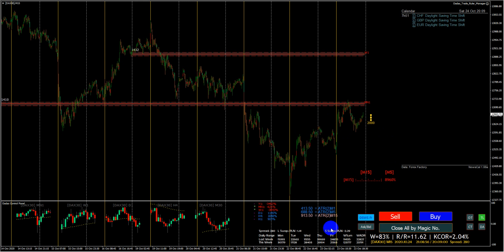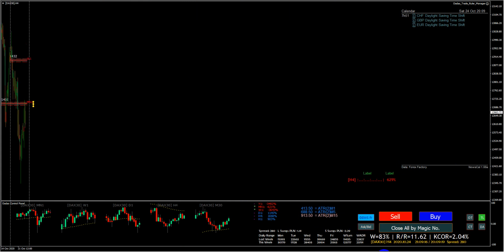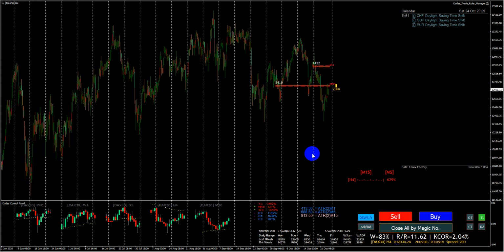Now, the next thing that we might have been interested in knowing would be the next potential support, right? Well, basically, we could find that out looking at the H4 chart.